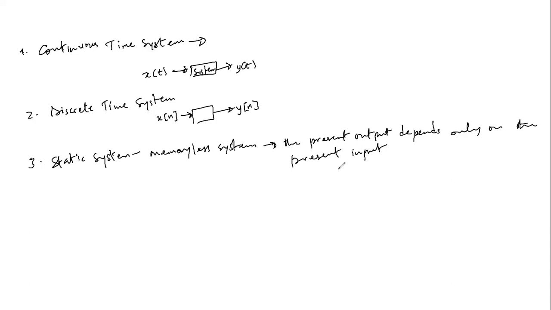That is, given a system, say S of t, the signal goes into the system, and then we have Y of t.